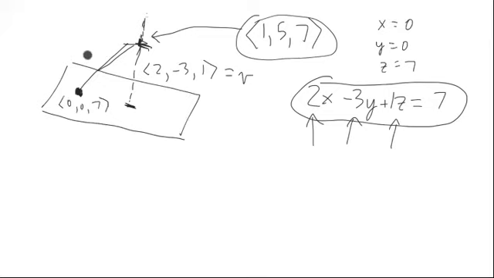So what we're interested in knowing is, what is this vector right here? That vector is simply going to be the difference between this point and that point. So we have 1 minus 0, 5 minus 0, and 7 minus 7, which is 0.